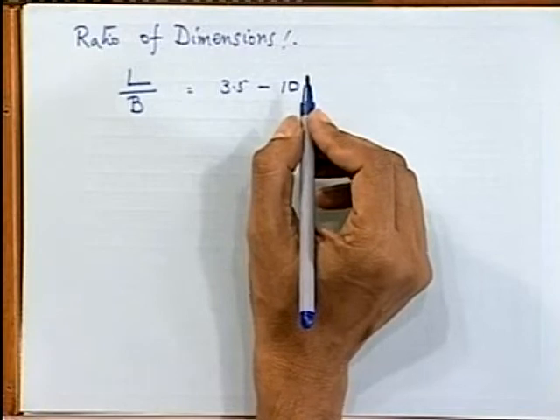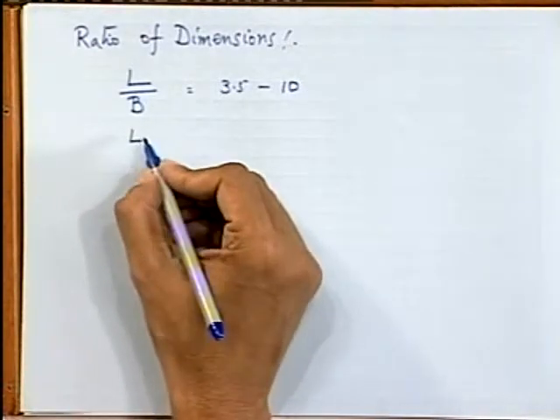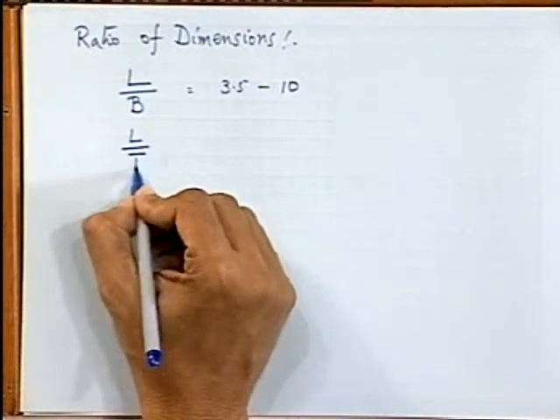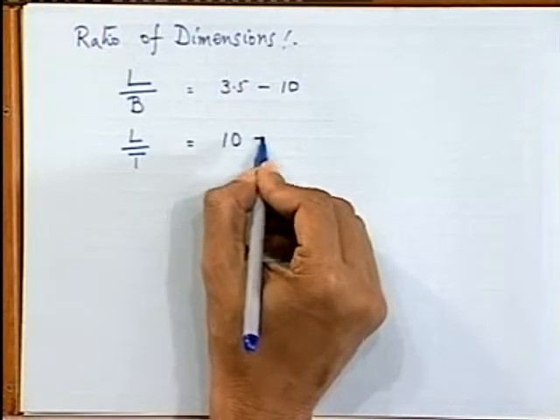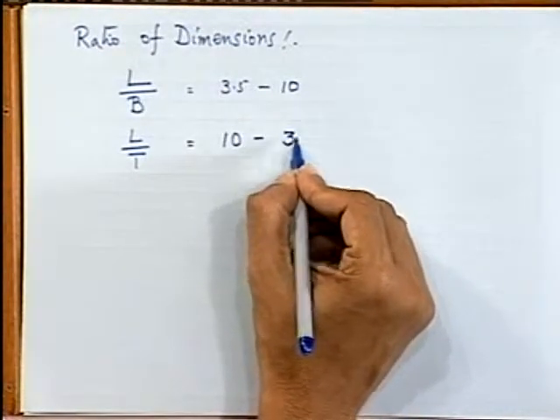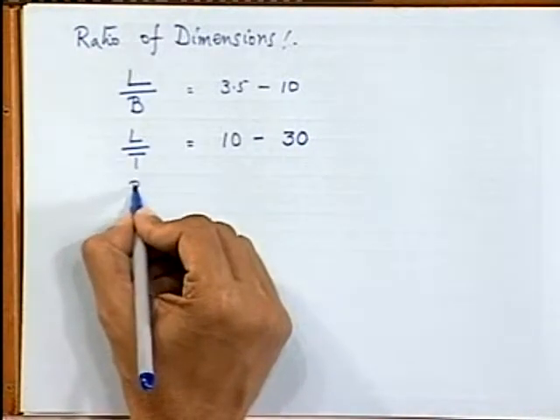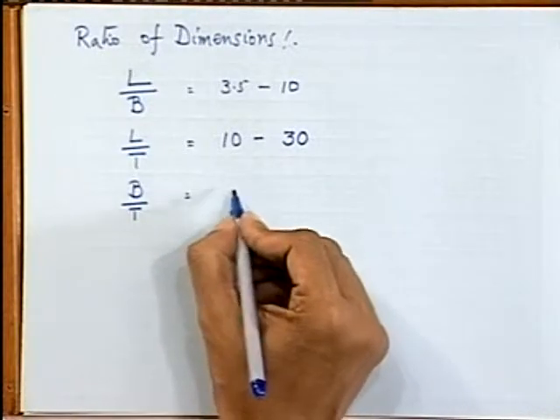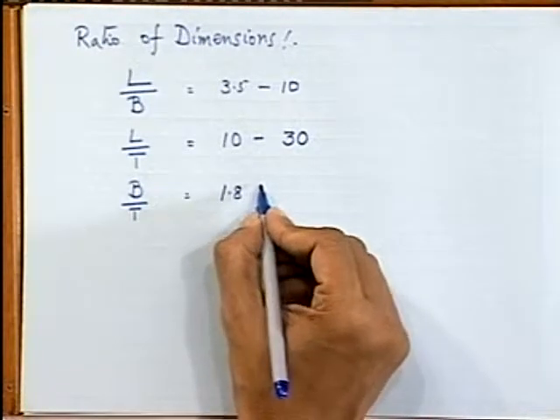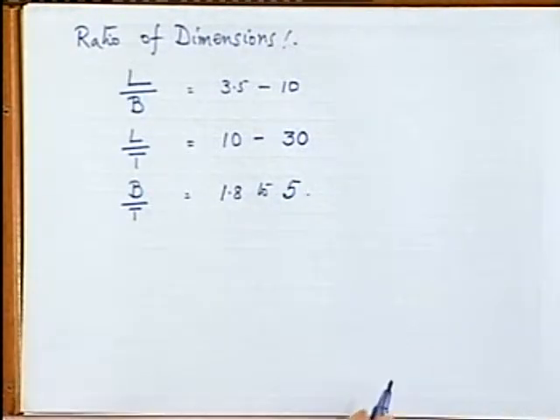Normal cargo ships you will find around 7. Then you will find length divided by draft. This will vary between 10 to 30. Then breadth divided by draft. This will vary from 1.8 to 5. These are the normal variations in these parameters.